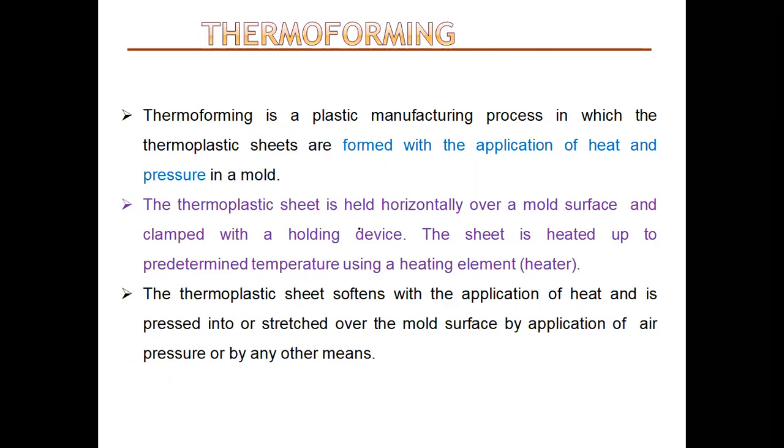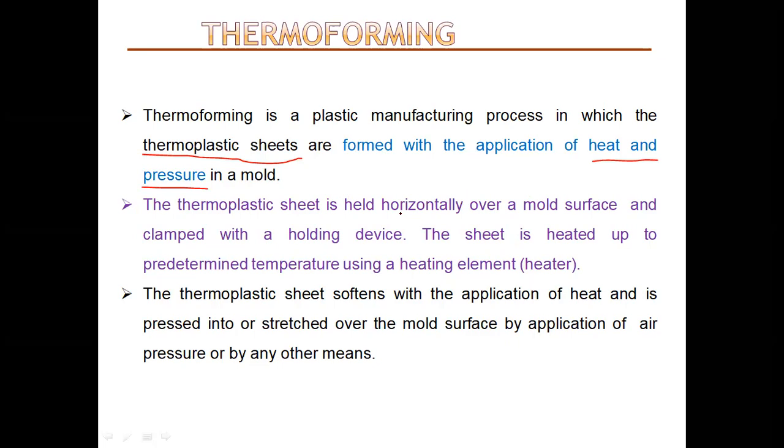Thermoforming is a plastic manufacturing process in which thermoplastic sheets are formed with the application of heat and pressure in the mold. In this process, a flat thermoplastic sheet is heated, and after that it deforms into the desired shape.